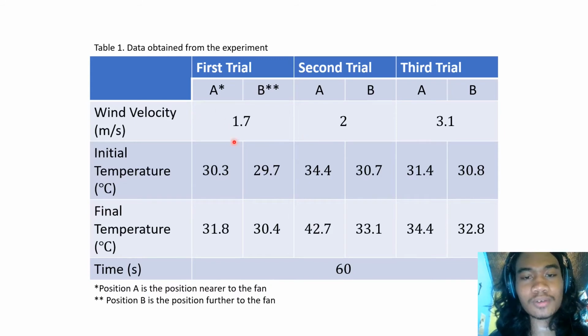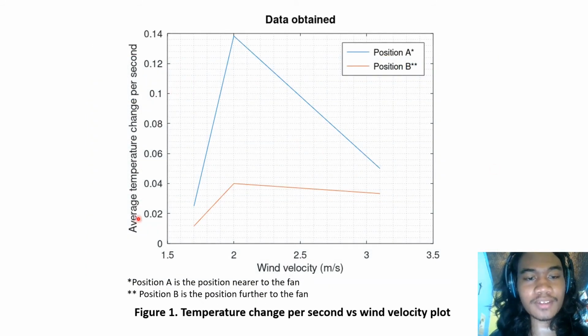From this, we can make the graph, and we can see the average temperature change per second for each position. The blue one is position A, and the orange one is position B. This is the wind velocity. For each position, the first trial is higher than the second.